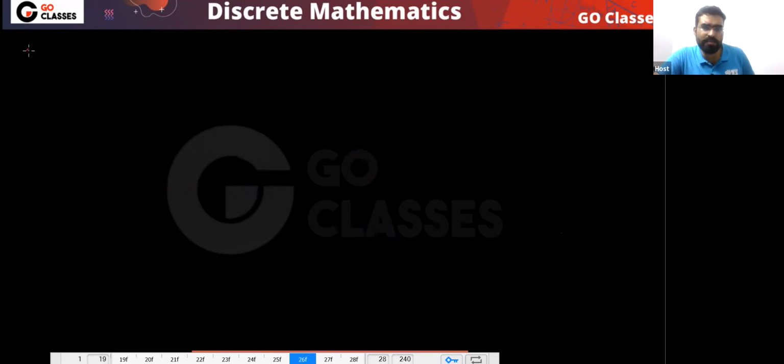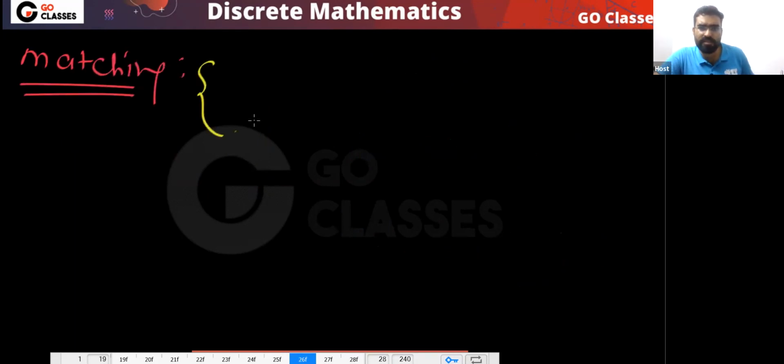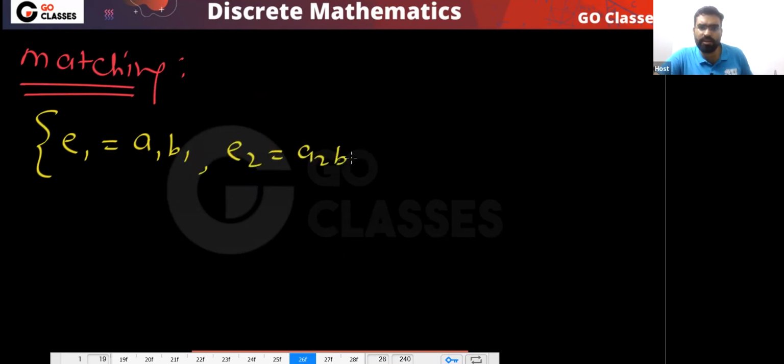So remember matching. In matching, what happens? Matching is like a set of edges. For example, let's assume E1 is A1, B1, E2 is A2, B2, and E3 is A3, B3.